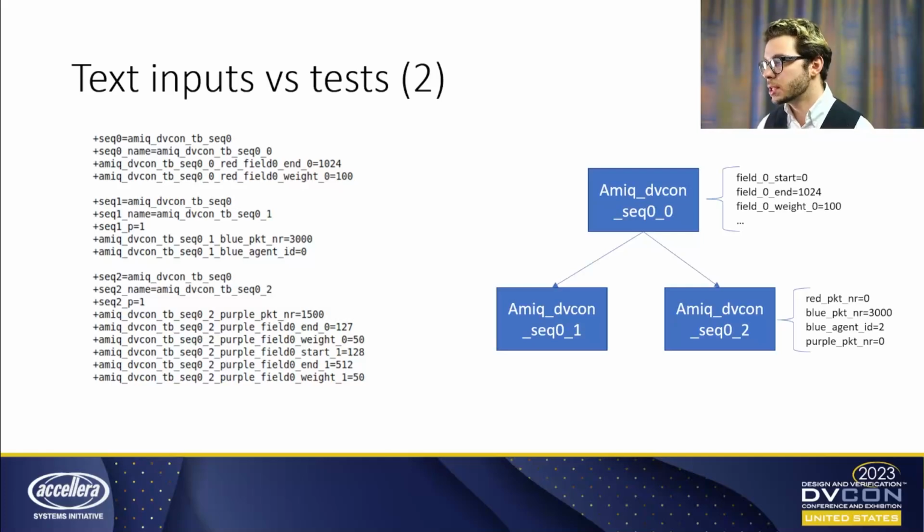And of course, because all of the variables inside the sequences are defined as +args through that register all vars, all of them can be controlled. So basically we control all of the constraints on the sequence dynamically, which means we can use scripts to generate these inputs, and we can create thousands, millions of test cases instantly to be able to reach any verification needs that we find are necessary.